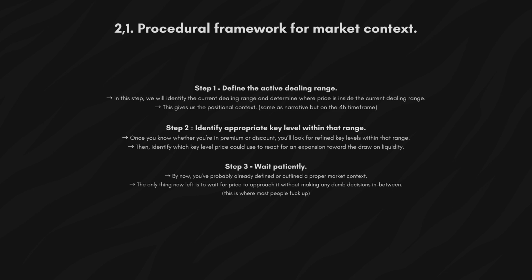But instead, what you will do is you'll wait for price to approach the key levels or the candle ranges that you would have outlined, or the market context that you would have outlined. And until that happens, you will do absolutely nothing. You'll just wait for price patiently until it approaches your levels.